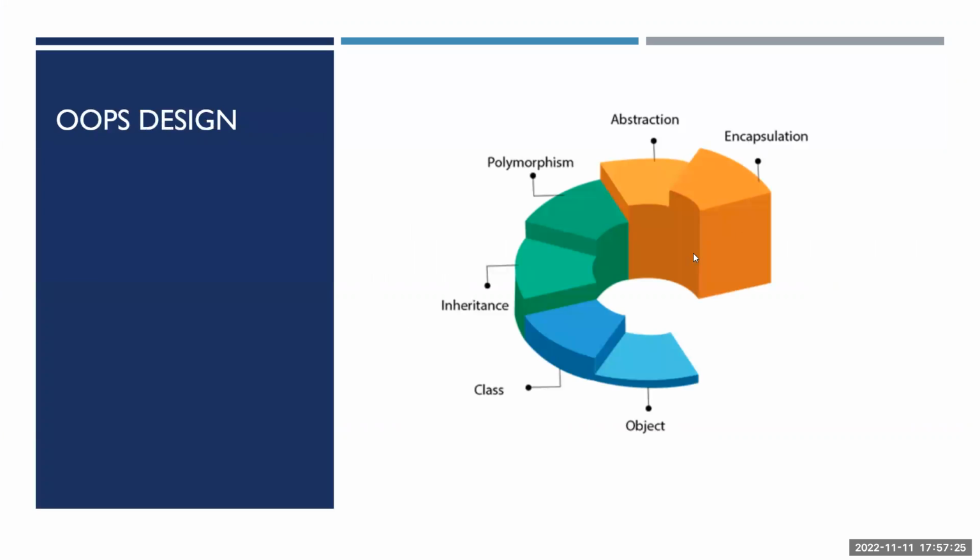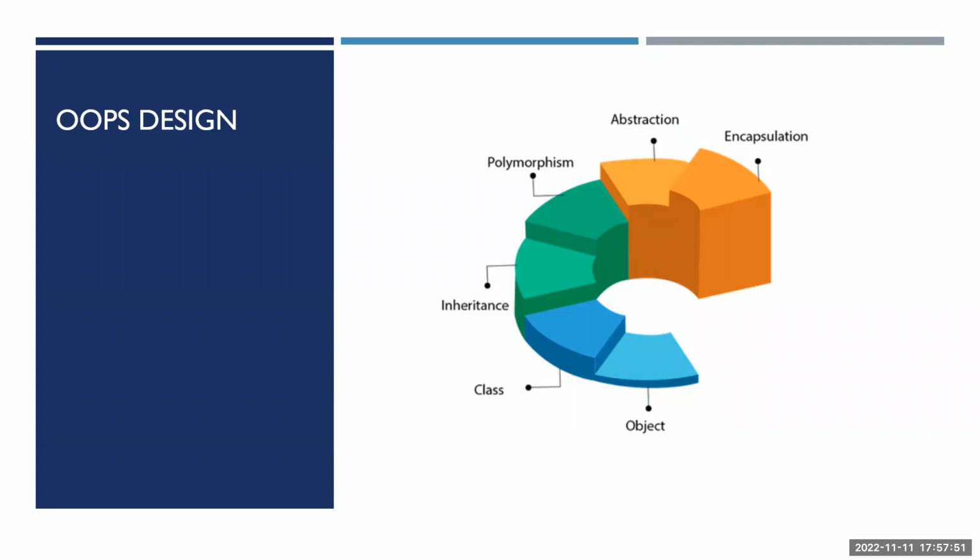Now just take a look at this example. If you take your total OOPS concepts, you have objects, and this group of objects is called a class. These four are your object-oriented programming principles: inheritance, polymorphism, abstraction, and encapsulation.